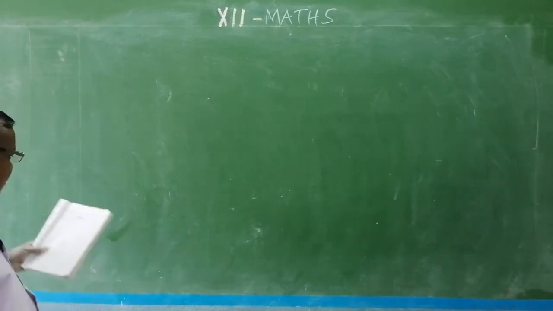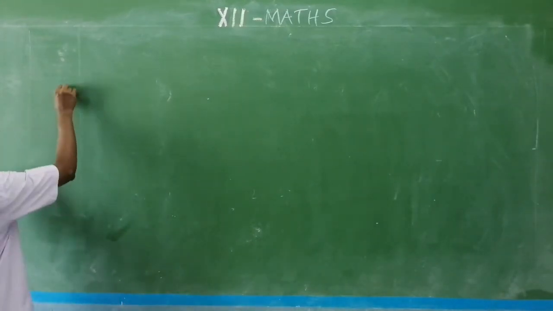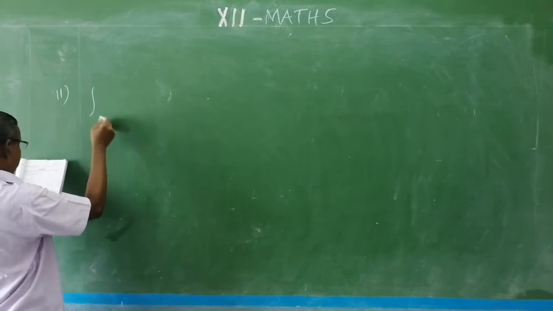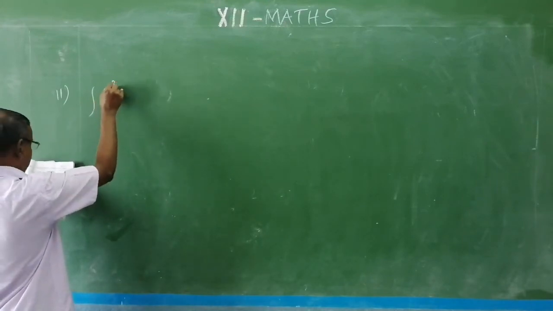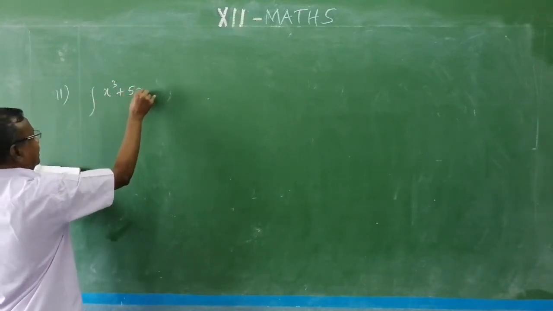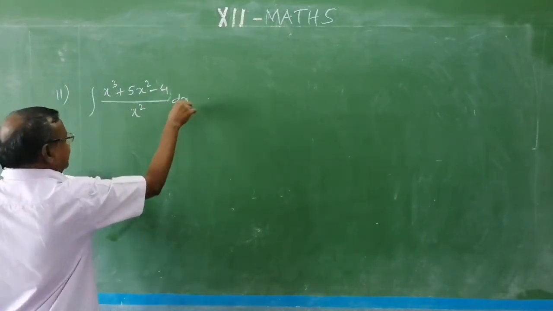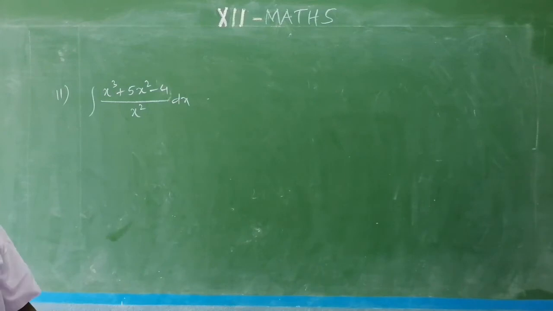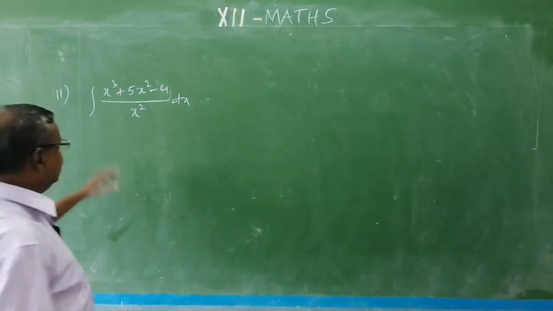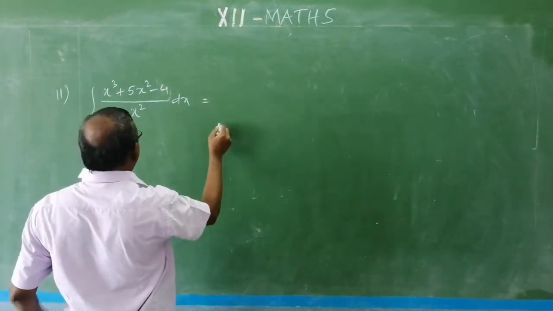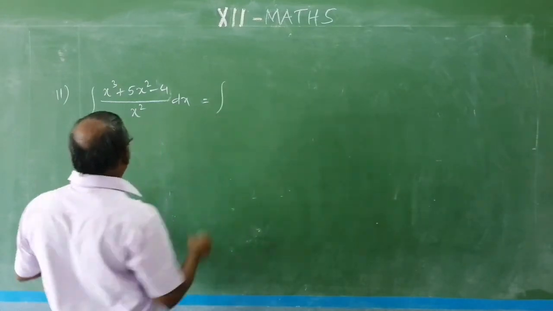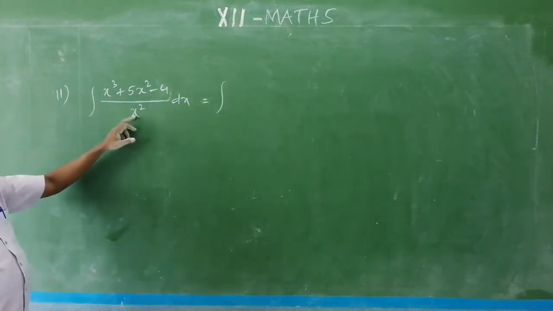Next, problem number 11: integral of x cube plus 5x square minus 4 divided by x square into dx. It is a rational expression which can be simplified. Each term can be divided by x square.